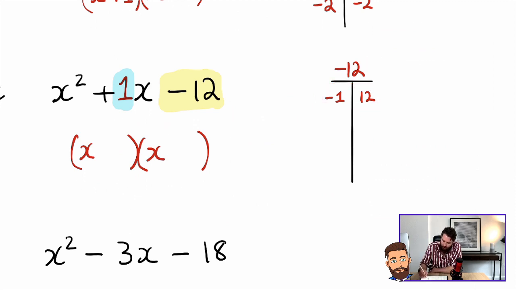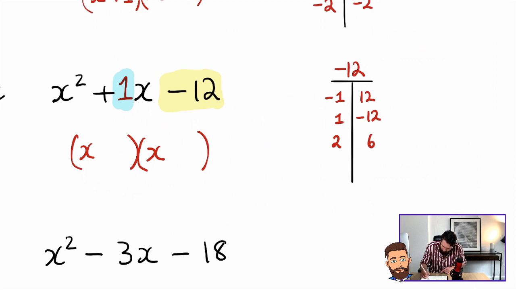However, you could also have 1 and -12. So the same numbers, just the opposite way round with the negative and positive. And that's really key that you list those. Don't just put -1 and 12. You have to also put 1 and -12. What else makes 12? 2 and 6.